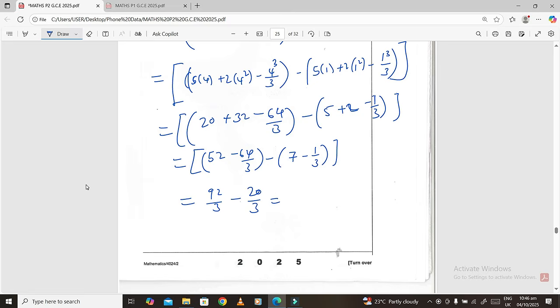And when we simplify here, 92 plus 20 is going to give us 112. So 112 over 3.